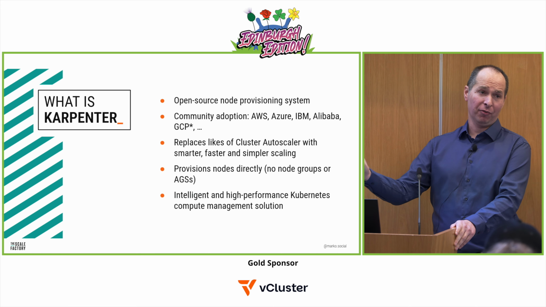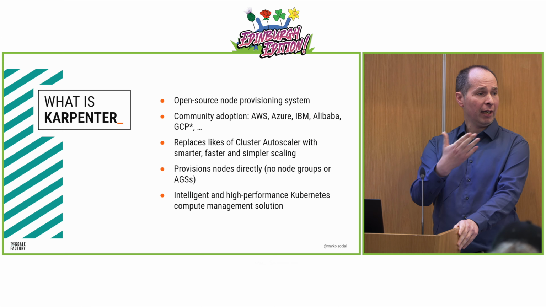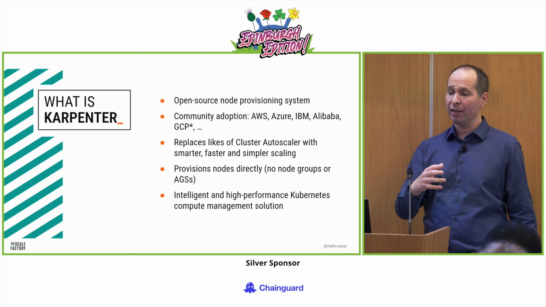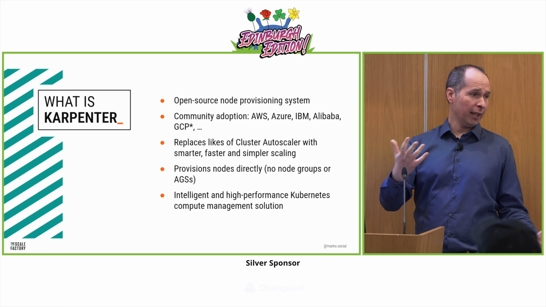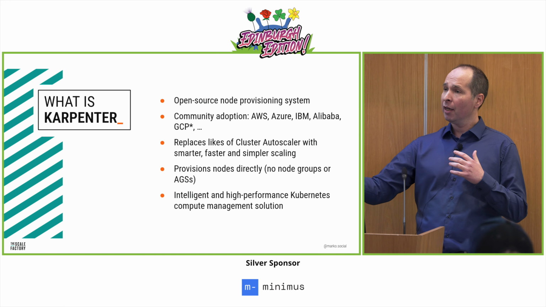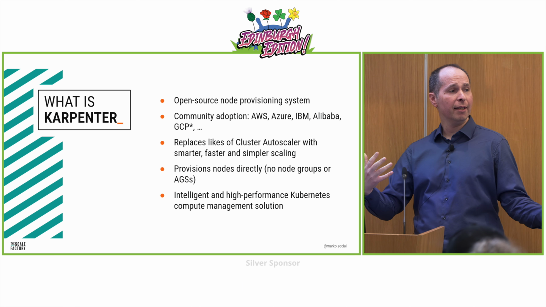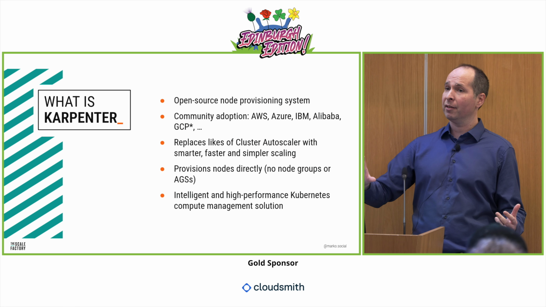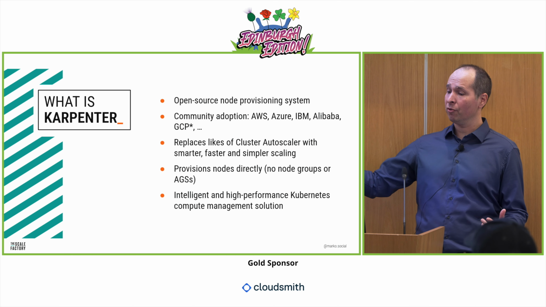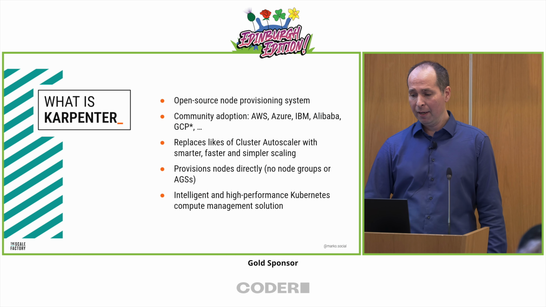One of the biggest advantages of Karpenter is that it provisions nodes directly. So it's not bound to any node groups or autoscaling groups in AWS. When it provisions nodes, it communicates directly with the API backend and provisions exactly the capacity you need to schedule all the unscheduled workloads that you're currently running.